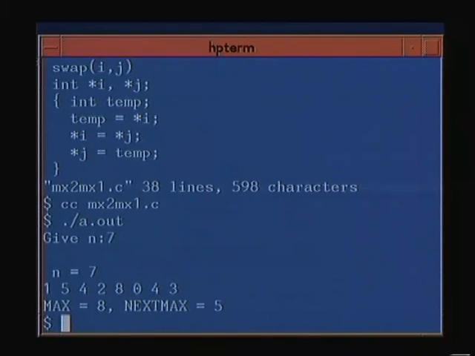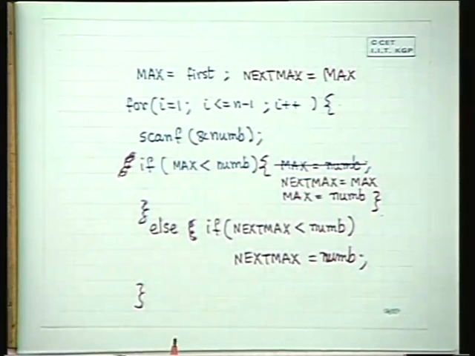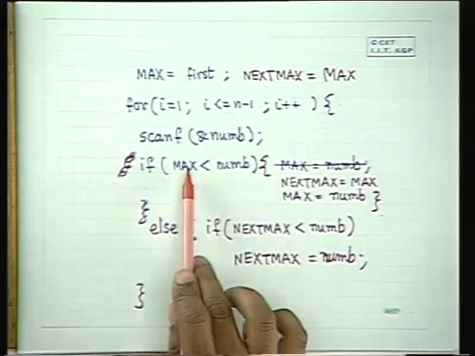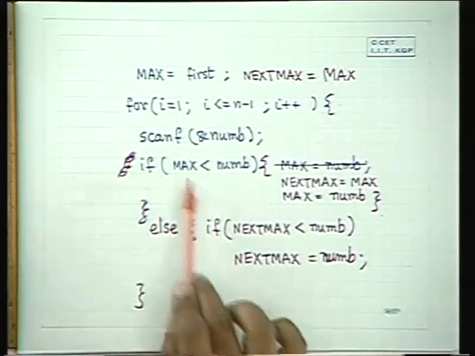Now let us go back to paper and pencil analysis to see if we could do anything better. This is the core of our program, and if you look at comparisons only, how many comparisons are we definitely going to do at this point?